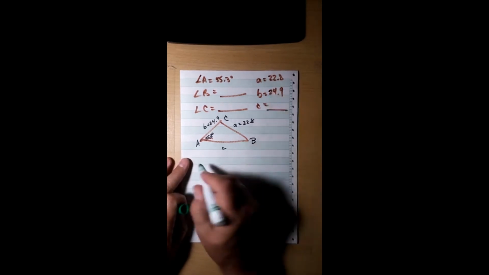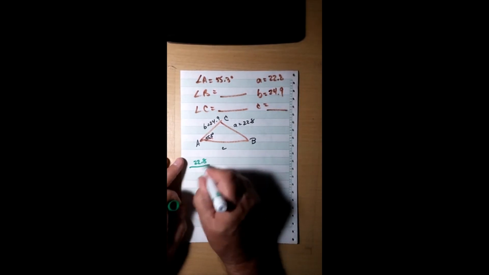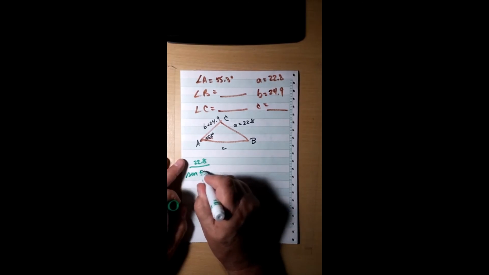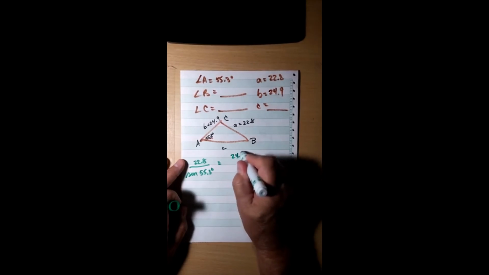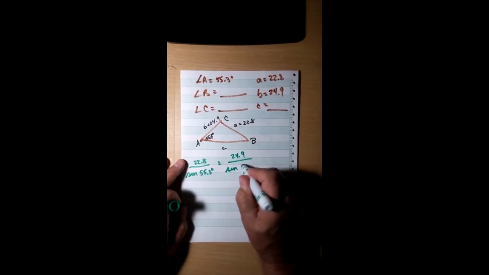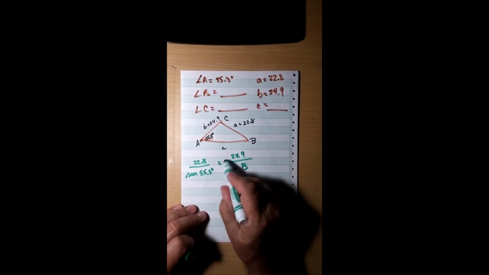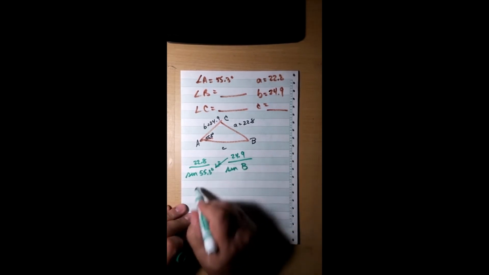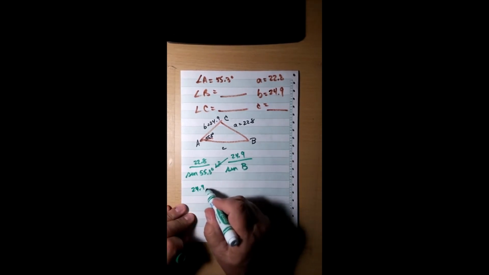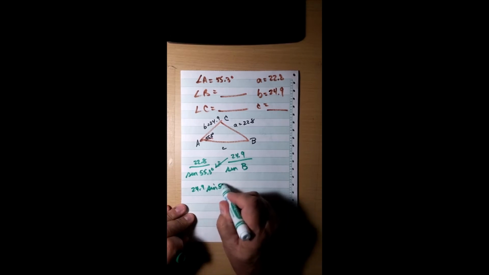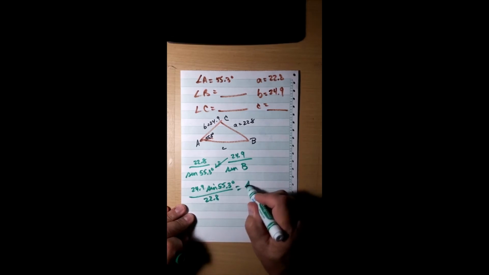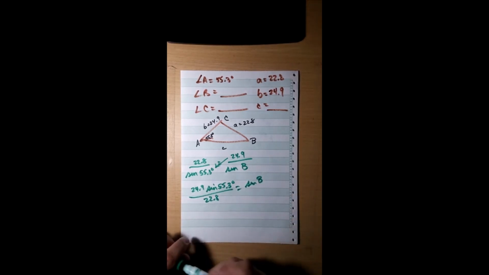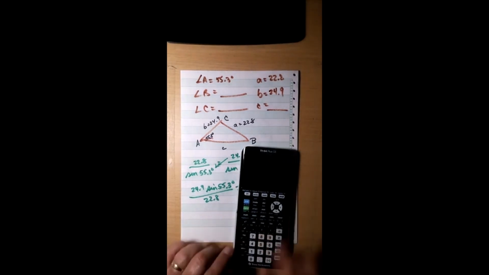Let's see. A, the 22.8, over the sine of angle A, 55.3 degrees, and I know B, 24.9, over the sine of angle B, which I don't know. Cross multiply, divide by the third. So 24.9 times the sine of 55.3 degrees over 22.8 should be the sine of B. And if we take the inverse sine, we should find B. Let's do that. There's two steps here.